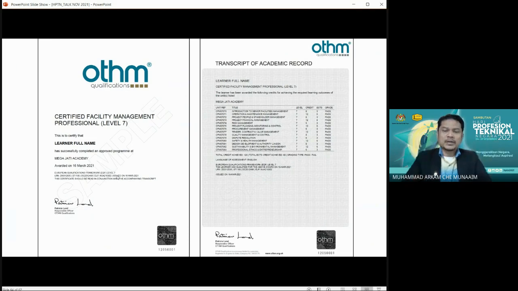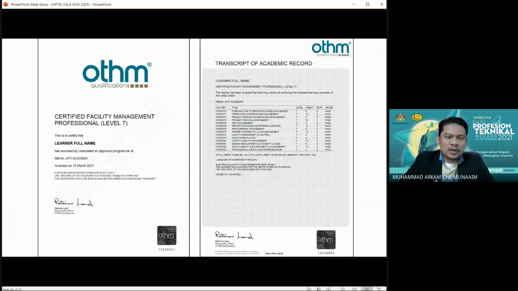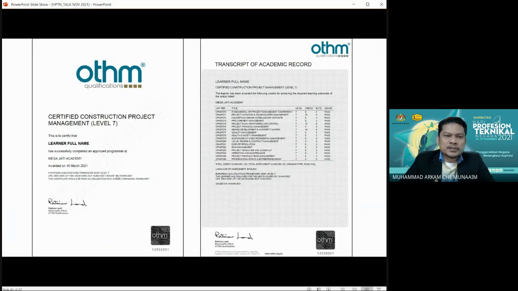We can derive it from here. This one is for facilities management, and this one is for construction. We got two from OTHM qualification United Kingdom, and both are recognized through the European Qualification Framework, EQF.